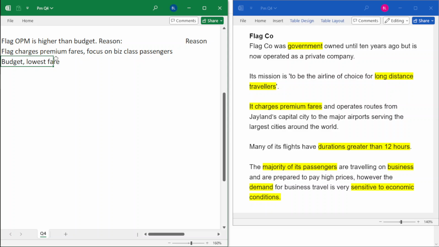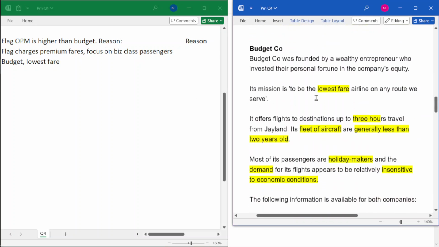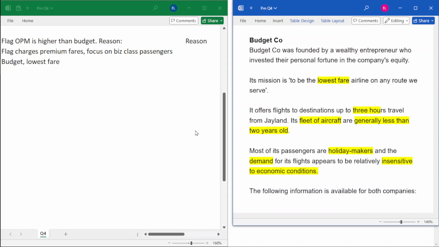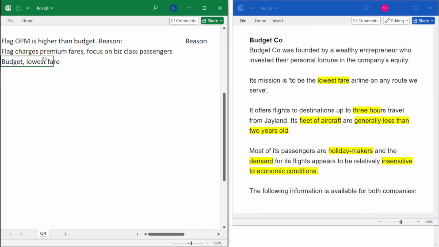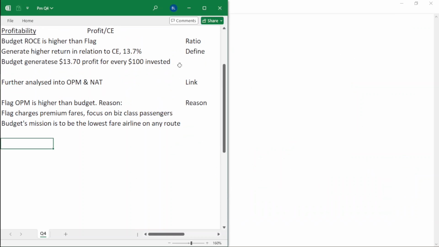Then for budget, budget's mission is to be the lowest fares airline on any route. Okay, done. So let's repeat the step.